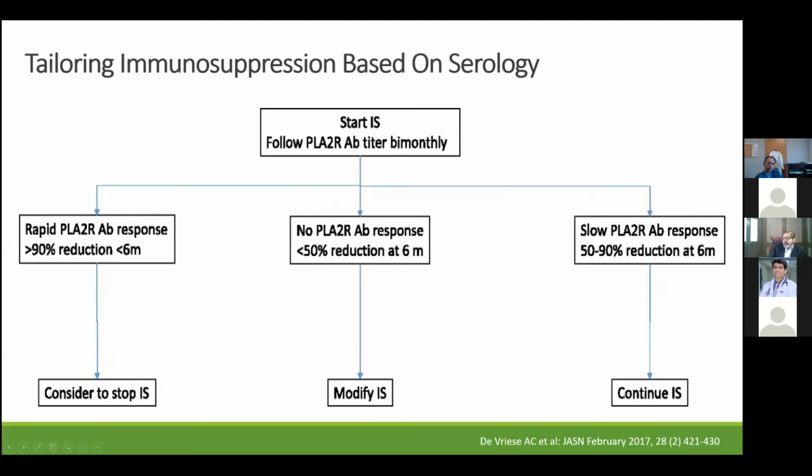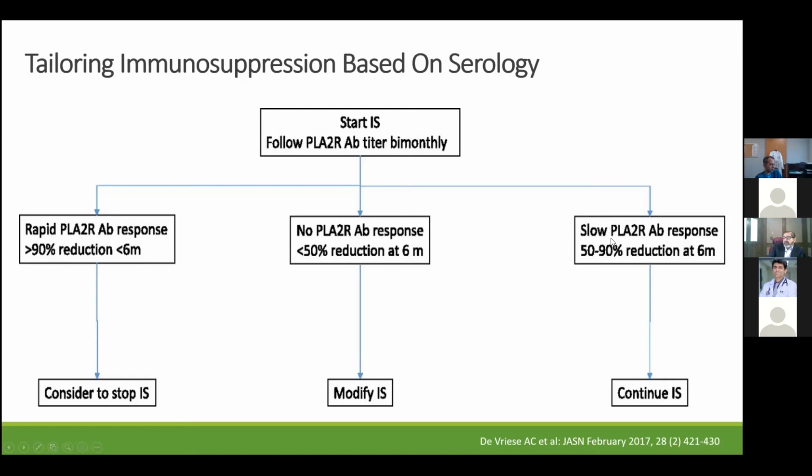And then how to get off the titer. So this is one way, same group. You've started immunosuppression now, you're following the PLA2R antibody. They check it bi-monthly. I check it every 3 months, so you can pick your own flavor. If you've had a fairly rapid response and within the first 6 months there's a 90% reduction, you can probably start pulling back on immunosuppression. On the other hand, if you've got no response, then you'll probably reinforce or modify your immunosuppression.